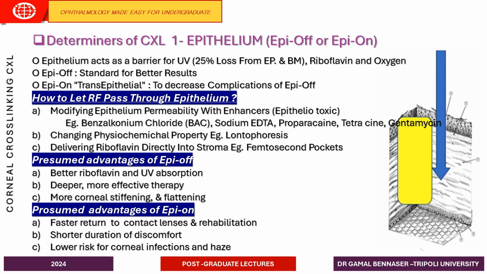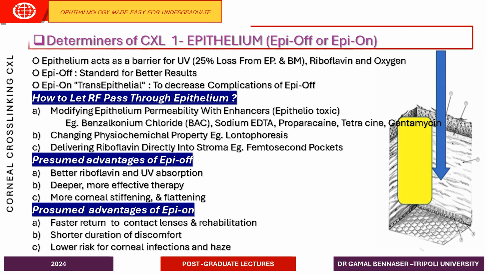Now we will speak about the first determinant of corneal cross-linking, which is the epithelium. The epithelium is a very important superficial structure of the cornea with very tight junctions, and it acts as a very strong barrier against the ultraviolet. Around 25% of the absorption of the ultraviolet takes place at the level of the epithelium and Bowman's membrane, and even riboflavin and oxygen penetration is limited due to the tight junctions between the epithelial cells.